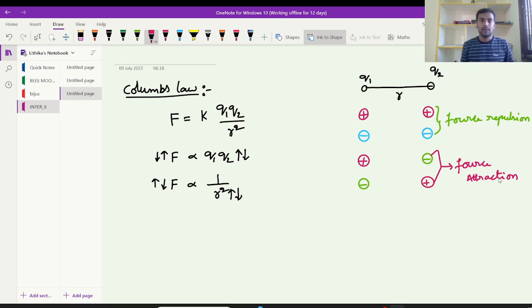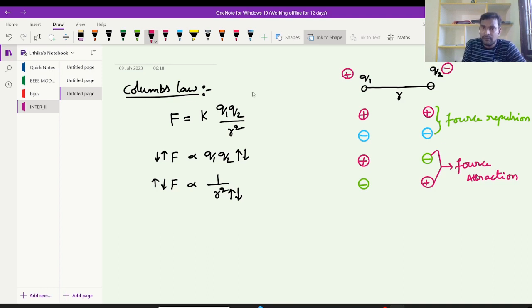Now in which direction will the force be acting? For example, let us take charge Q1 as positive and charge Q2 as negative. If one charge is positive and the other charge is negative, there will be a force of attraction between them.